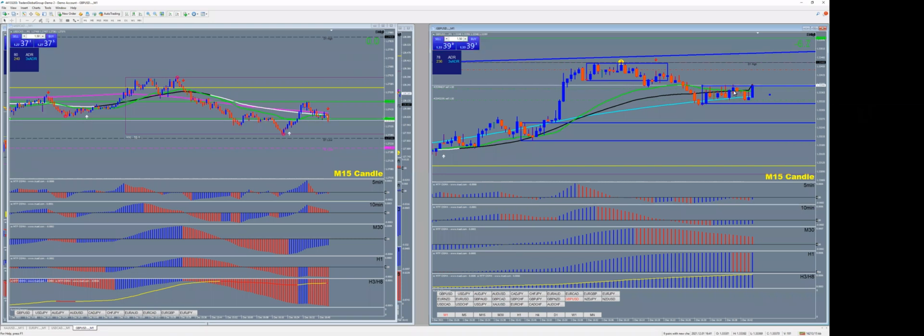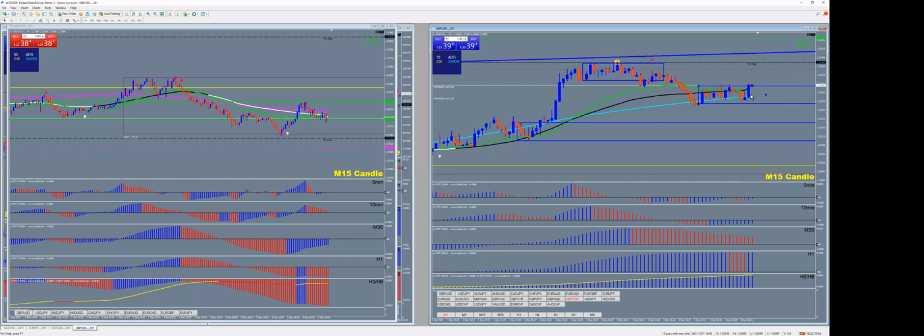So this is why, if you don't wait for the break of this structure, if you have your stop right here, they come back and take it easily. Because as long as you're in the box, they can get outside the box on the upside and keep playing around in that area. Oh, shoot.